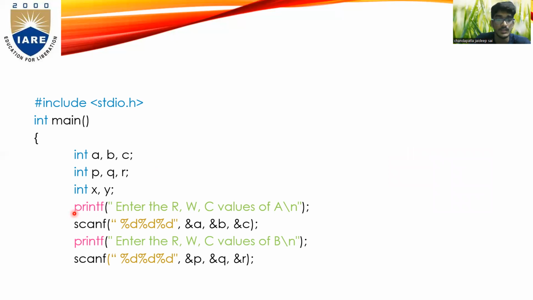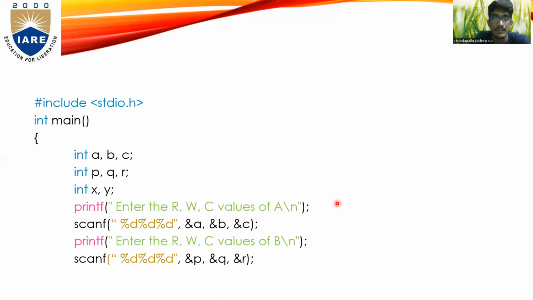Here we are using the printf statement, typing enter the r, w, c values of a, and also using the \n. It means the cursor goes to a new line. So after printing the message, by using \n we can type the values which we give to a in the next line.